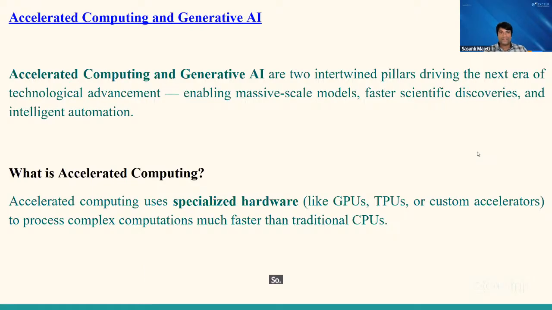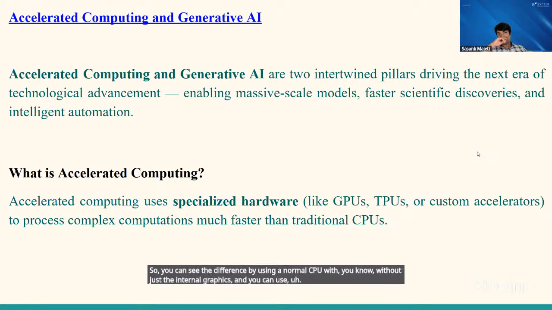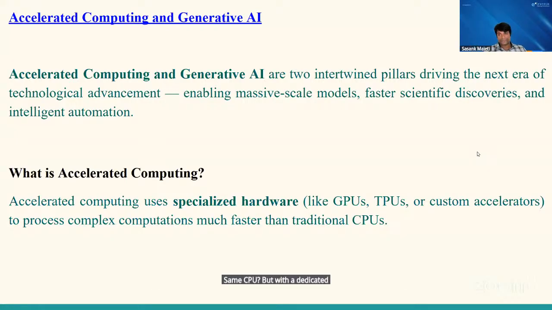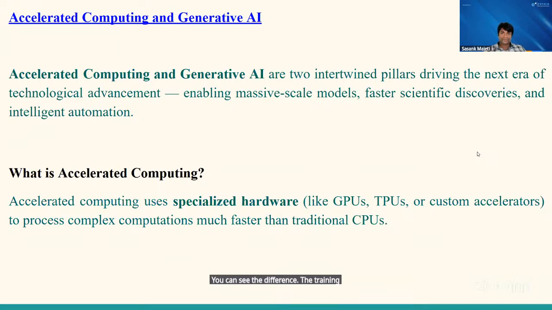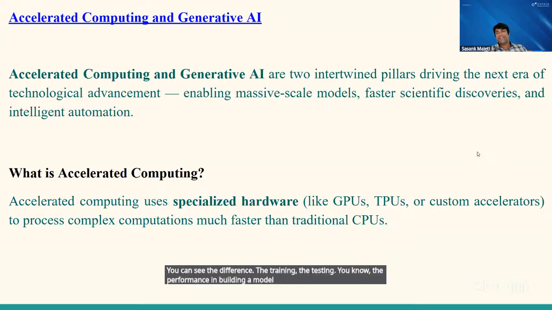You can see the difference between a normal CPU with just the internal graphics, and the same CPU with a dedicated graphics card having ray tracing and CUDA cores. The training, the testing, the performance in building a model, the way it runs, everything will be different. You can see the difference with your own eyes.